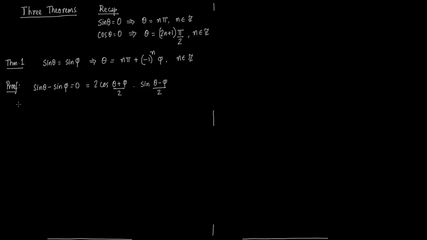So this is equal to 0. That implies 2 cos theta plus phi by 2 times sine theta minus phi by 2 is 0. So either cos of theta plus phi by 2 is 0, or sine of theta minus phi by 2 is 0.